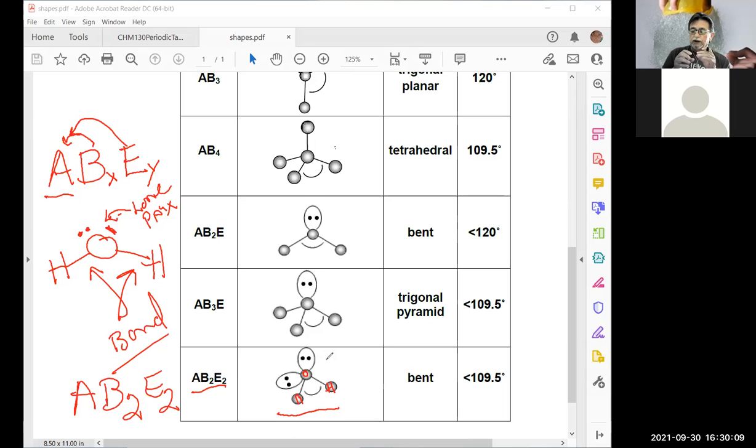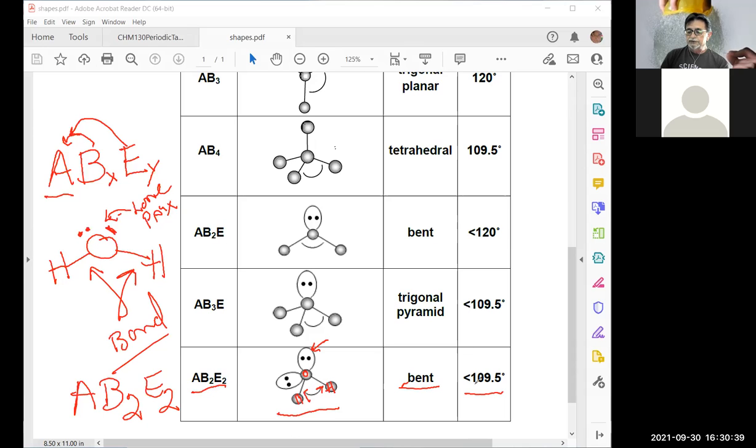Those 2 dots kind of represent the orbit of those 2 electrons. So that's why you see this pear shape there, just to represent a lobe. That's the geometry, and that geometry has a specific name. And then it also gives you a bond angle, and that is the bond angle between the 2 hydrogens.